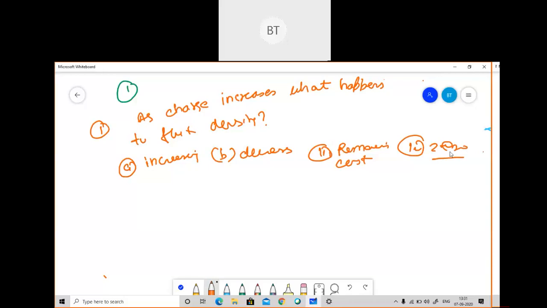So please tell. This you can easily tell. When charge increases, what will happen to the flux density? Either it will increase or decrease, or it will remain constant or zero.